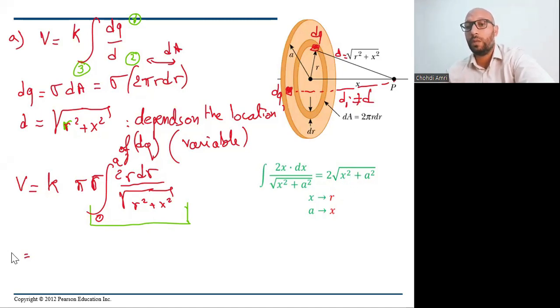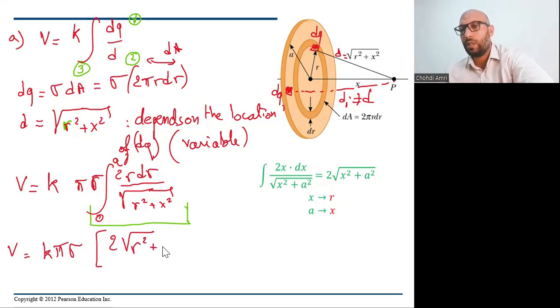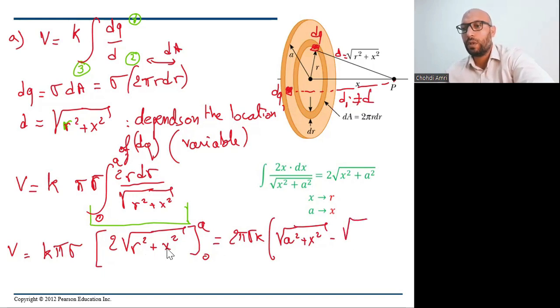So then we can write our electric potential V equal K pi sigma multiplied by 2 square root of r squared plus x squared, from 0 to A. This 2 can be outside, so we can write 2 pi sigma K, factor of square root of A squared plus x squared minus square root of, now the r is 0, so square root of x squared.